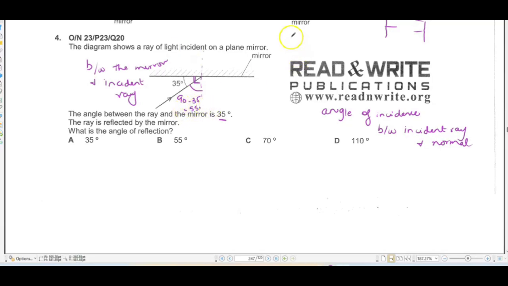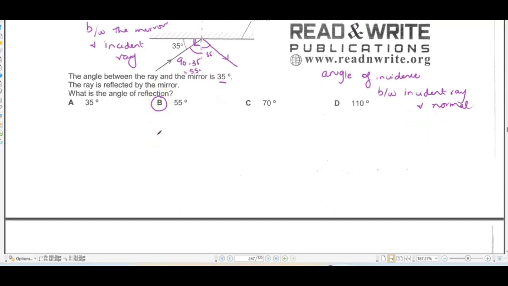And we know that the law of reflection states that angle of incidence is equal to angle of reflection. So this angle, if we draw it with a protractor, is also going to be 55 degrees. So B is going to be our correct option.